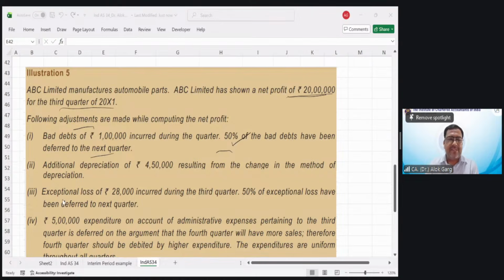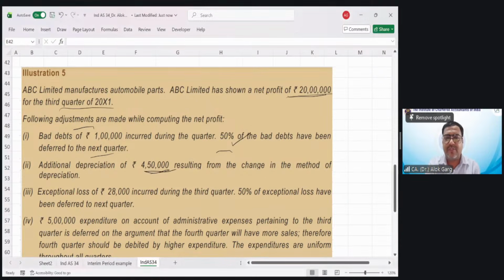Second, additional depreciation of 4,50,000 resulting from change in method of depreciation. So they have changed the method of depreciation and it resulted in an additional depreciation of 4.5 lakh in the current quarter, and they have taken it in the current quarter. Is that right? Yes, this is right. The change in estimate has to be applied prospectively. Exceptional loss.